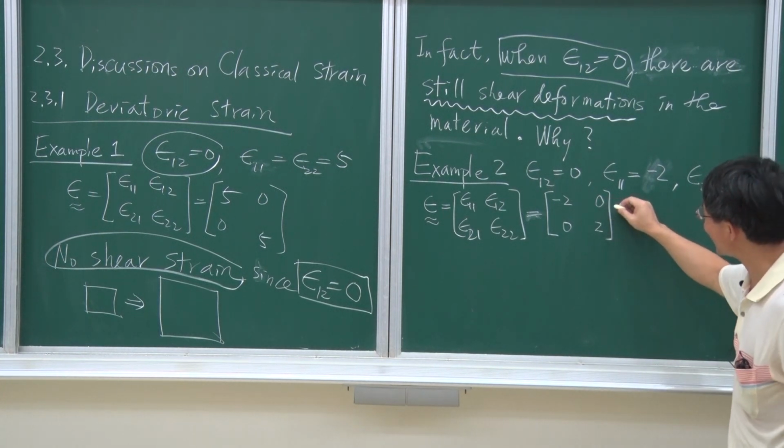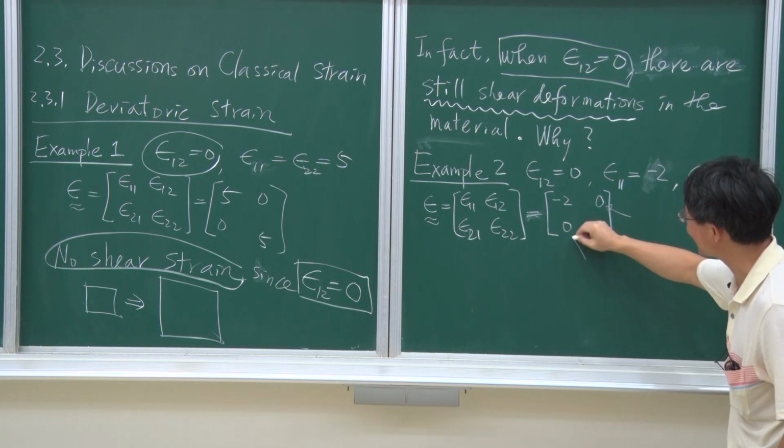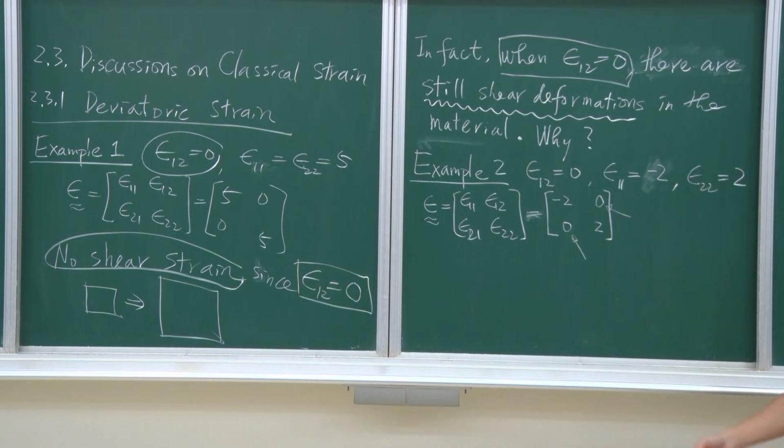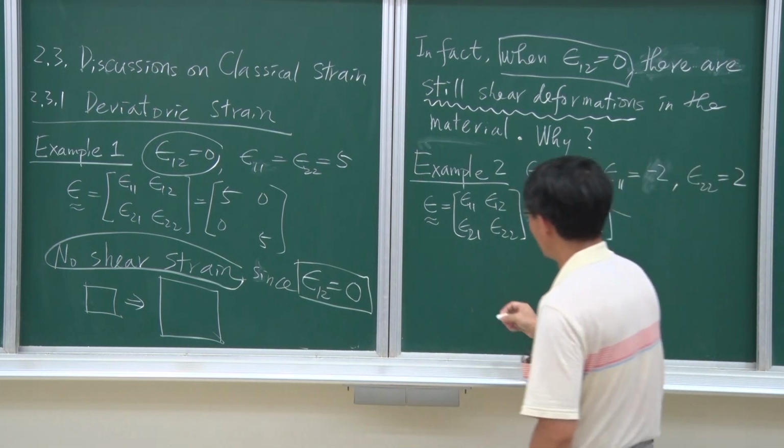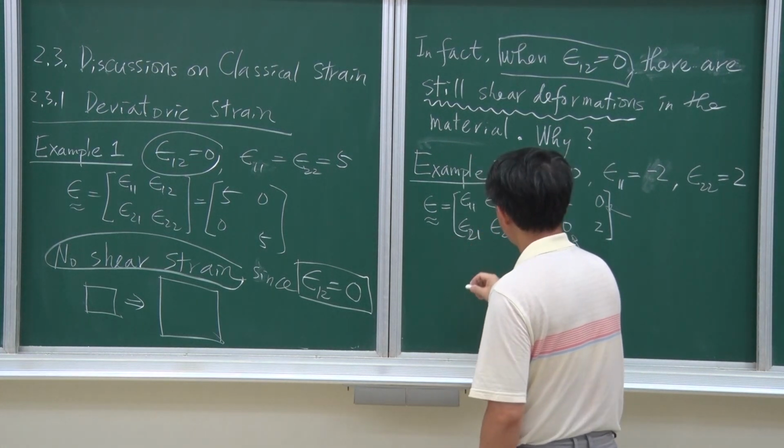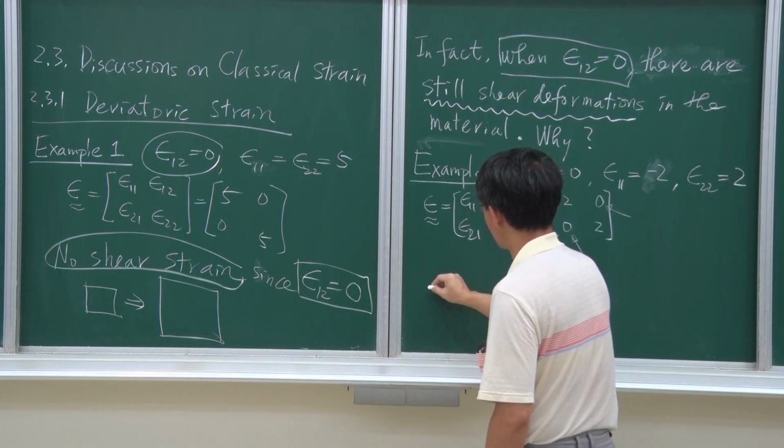We have no shear strain, and we still have normal strains. So what does it look like?